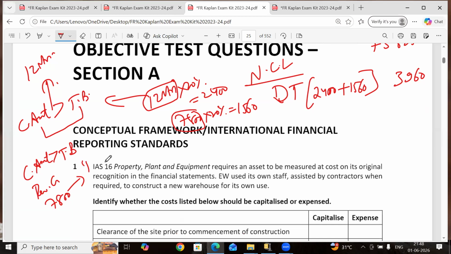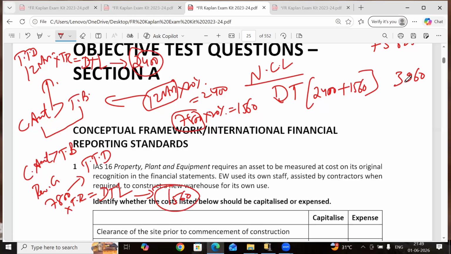This is also a taxable temporary difference. This into the tax rate has given me the DTL amount. The DTL amounts are, in the first case, 2,400, and in the second case, 1,560. Both the deferred tax liabilities total 3,960. So what is the root cause for deferred tax liability?